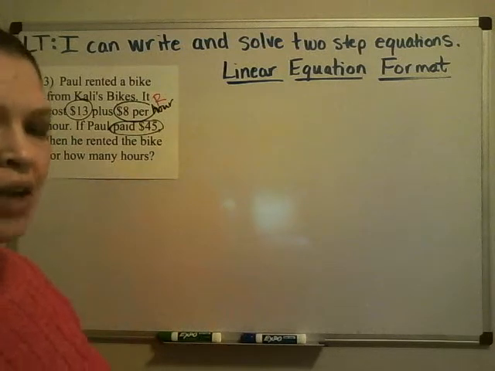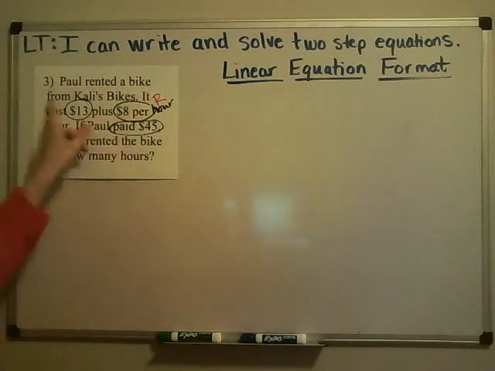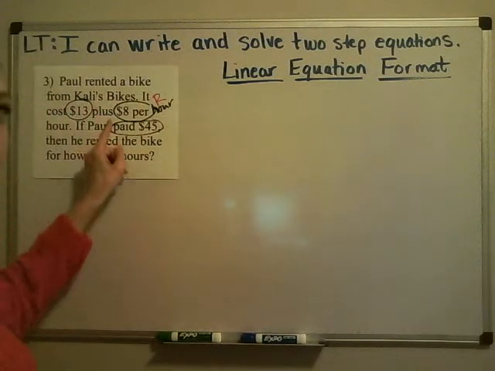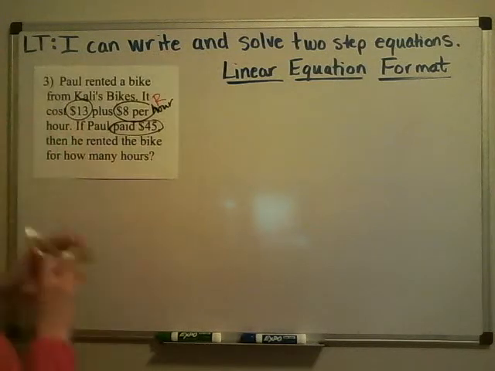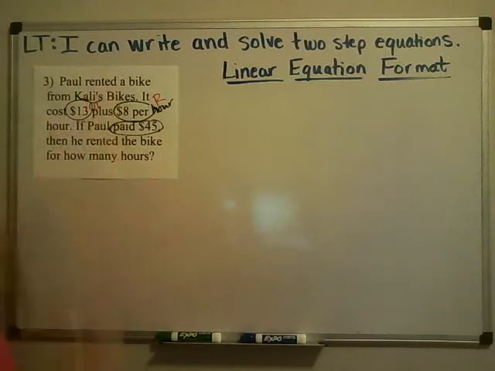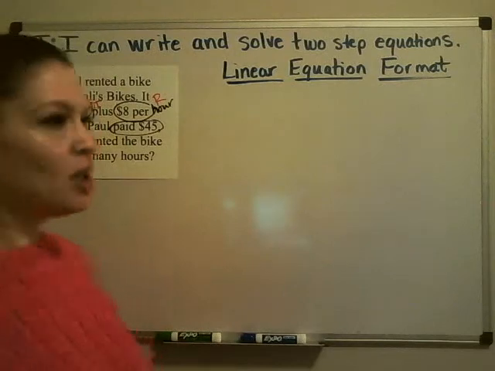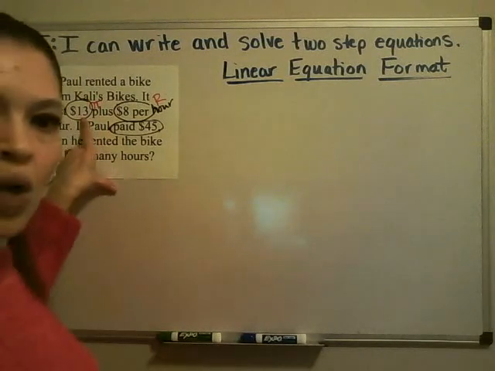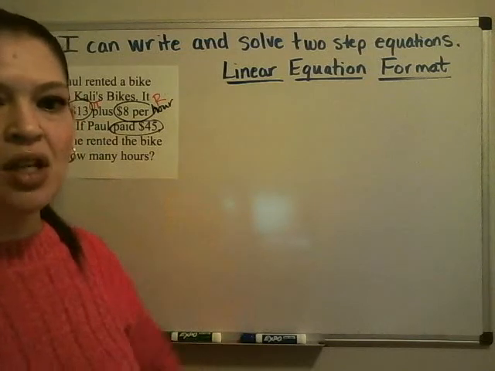Okay, now they're charging you something else. Paul rented a bike from Callie's Bikes. It costs $13 plus $8 per hour. So that $13 right here, that's going to be a one-time fee. I'm labeling it OT. Usually a rental company will charge you a one-time fee for maintenance purposes, right?